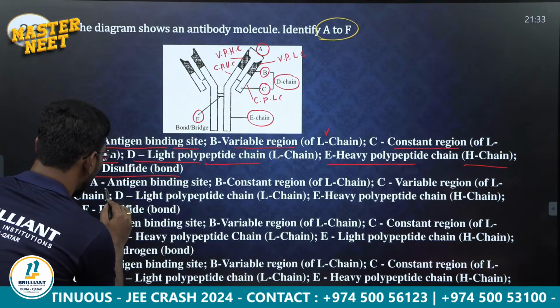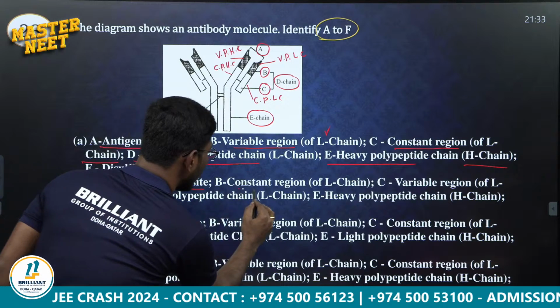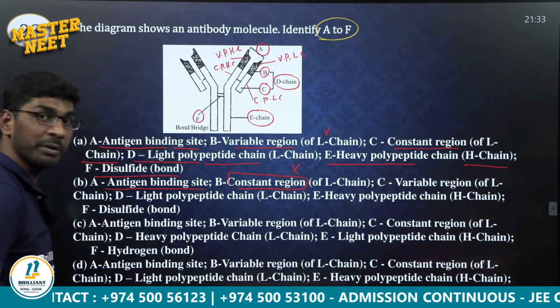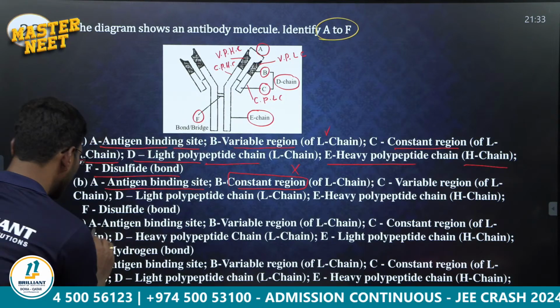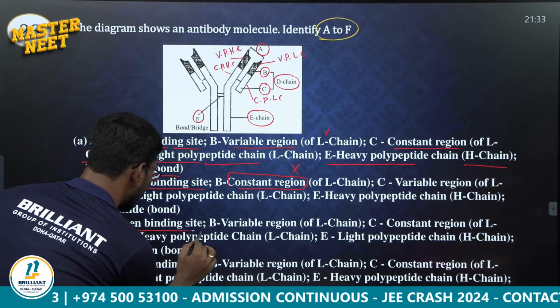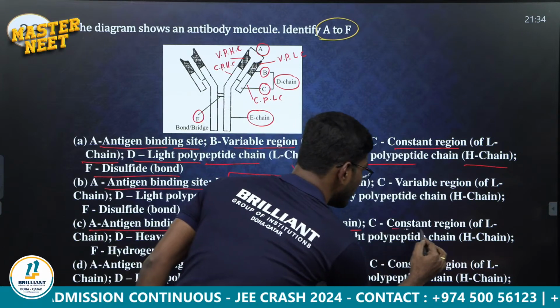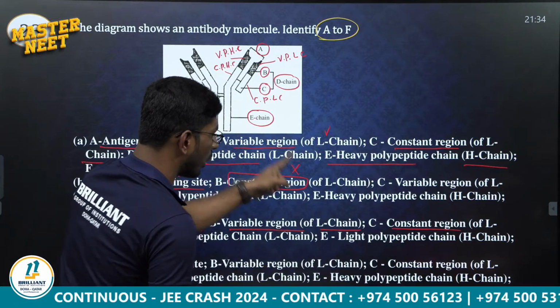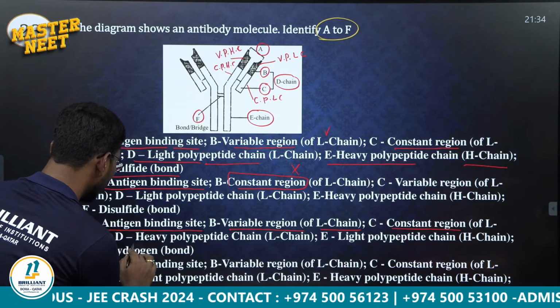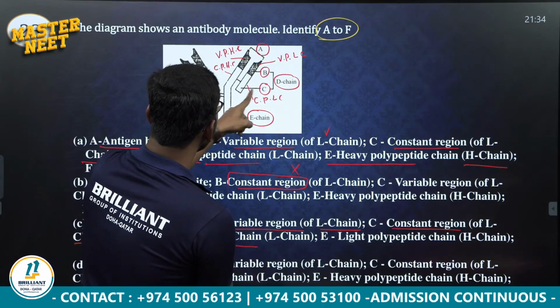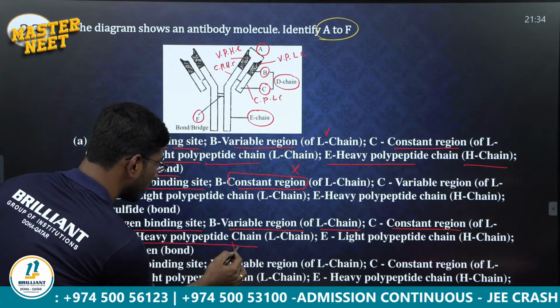What's wrong in this option? Antigen binding site, constant region is given. B is not a constant region, leave it. B is the variable region. Now the option: antigen binding site, variable part of L chain, and C, constant region of L chain. D, heavy polypeptide chain is given, so this is not correct.